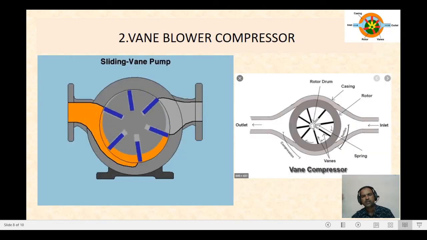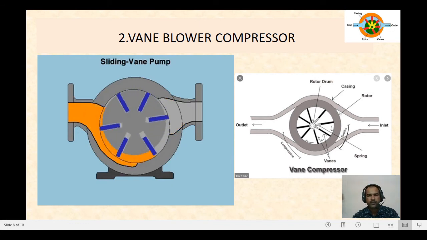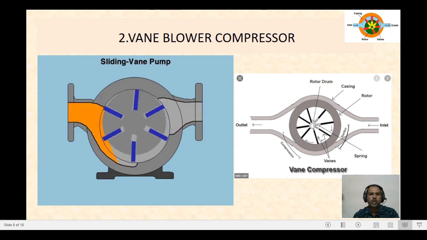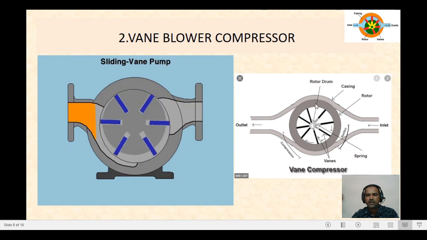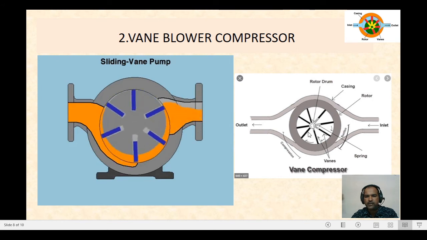And next, the second type of rotary compressor is the vane blower compressor. What do we mean by vane blower compressor here? As you see, this is a schematic diagram of the vane compressor. The outer part is called the casing, and this is the rotor, and these are the vanes or plates.